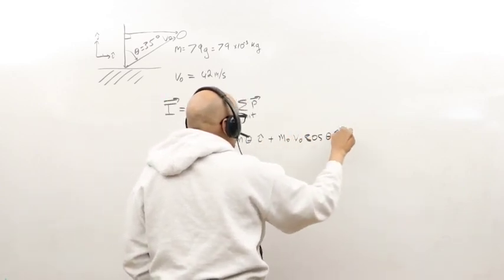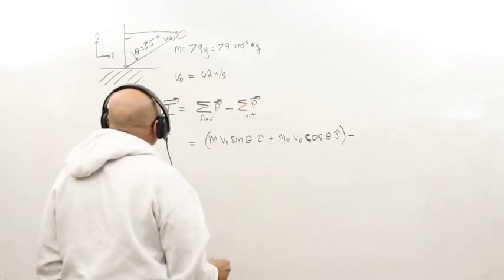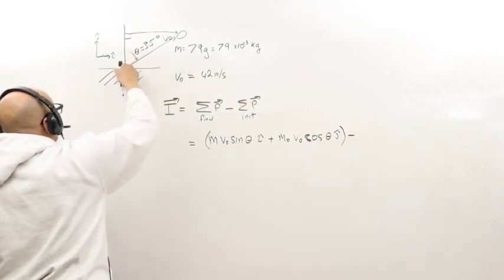This is the final momentum minus the initial momentum, which is mV0 going straight down.